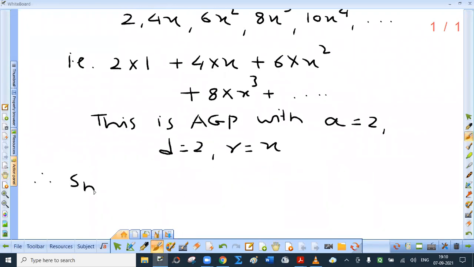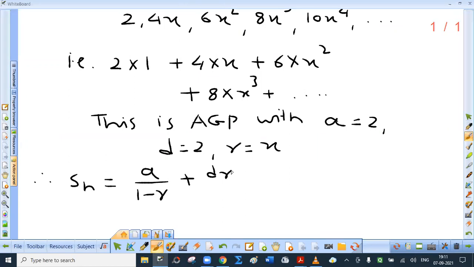Therefore, Sn equals, do you remember the formula? It is not at all difficult, but if you know the proof, you can easily remember the formula.